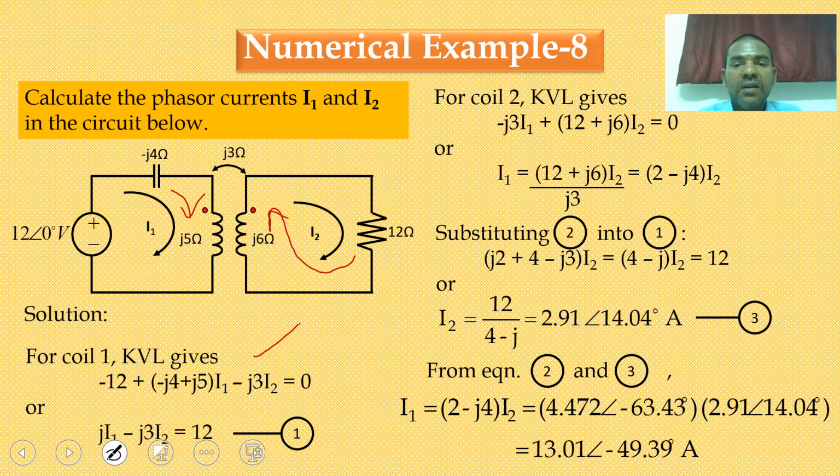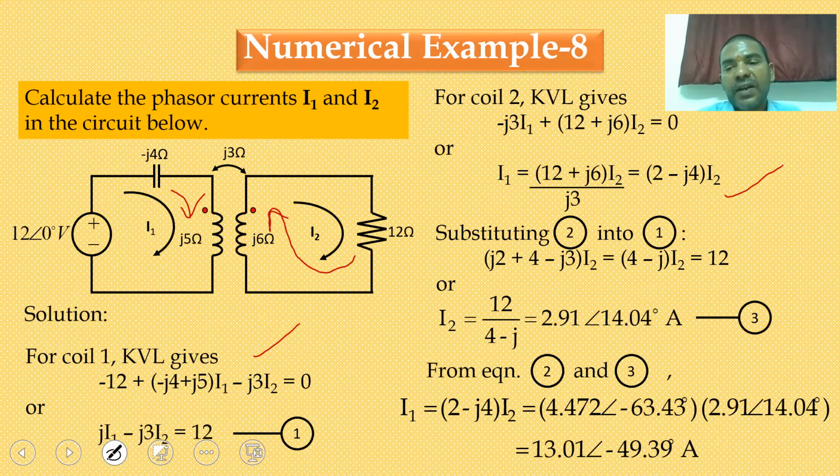So from this you can write the I1 value as I1 is equal to 12 plus j6 into I2 divided by j3. So finally you can get 2 minus j4 into I2. So substitute this value in the first equation for I1 as 2 minus j4 into I2. So then j into 2 minus j4 into I2 minus j3 into I2 is equal to 12.